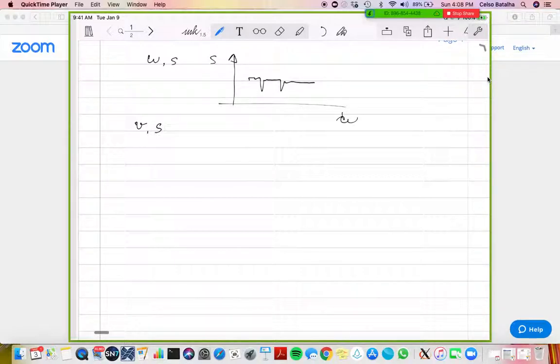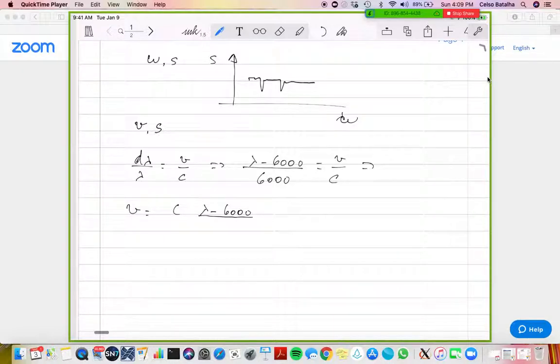So it means if you recall your Doppler effect, delta lambda over lambda is equal to V over C. So for a given wavelength scale, let's say we choose 6,000 angstroms as our reference point in the spectra, then the new velocity scale would be c, the speed of light, multiplied by lambda minus 6,000, divided by 6,000.